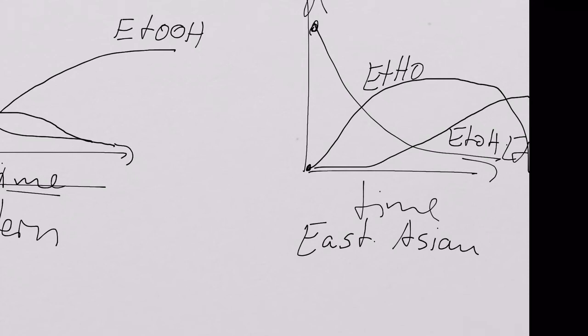Now, this is when we are looking at something that is in limited amount. So I said we have A to B to C and so on and so forth. But that's usually not the case when we are looking at metabolism. Metabolism usually is something is coming in.